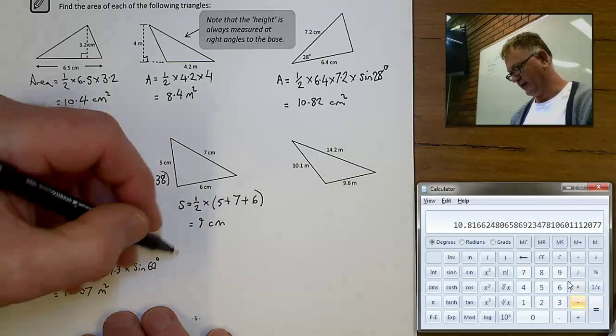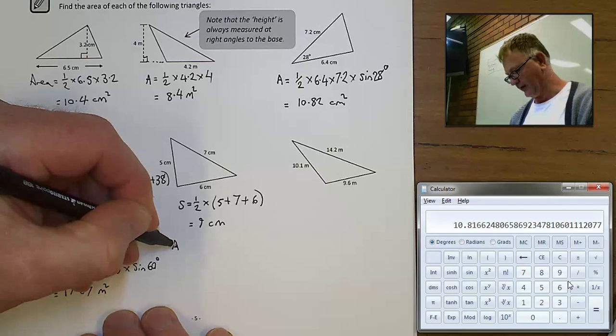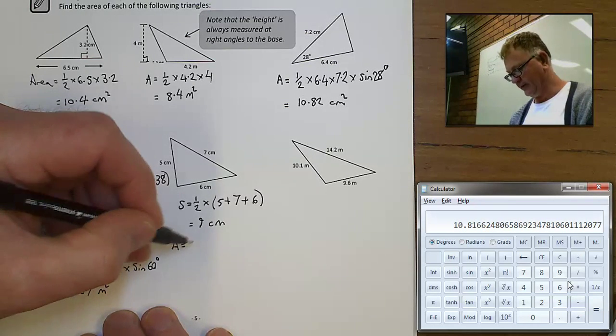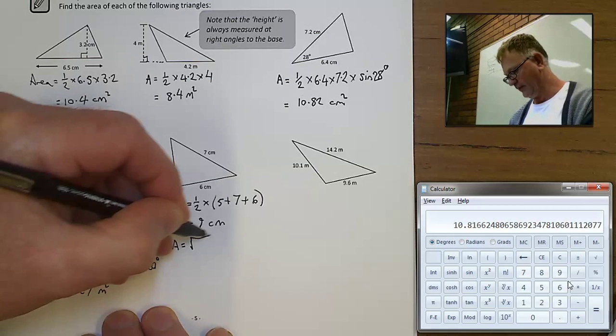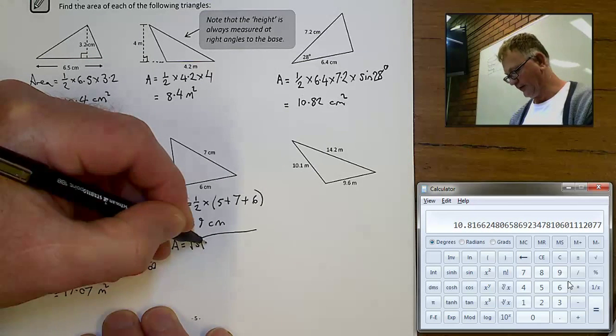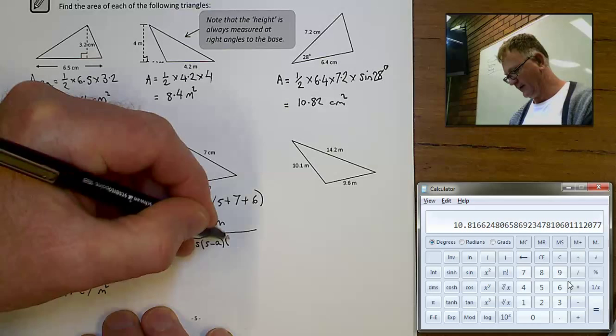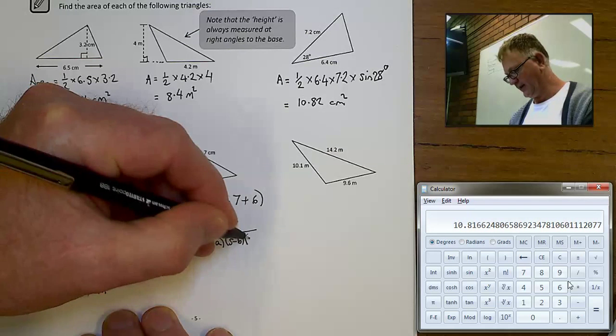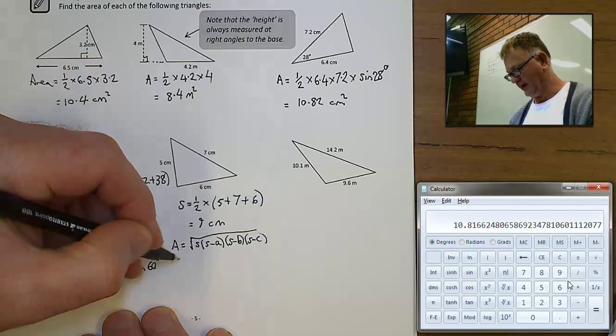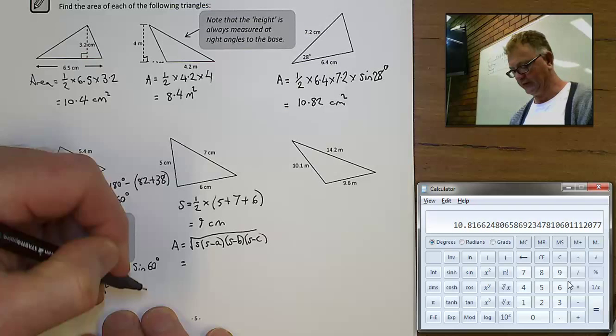Now when you're using Heron's formula, the formula goes like this. Area equals the square root of S times S minus A, S minus B, S minus C. A, B and C are the sides of the triangle.